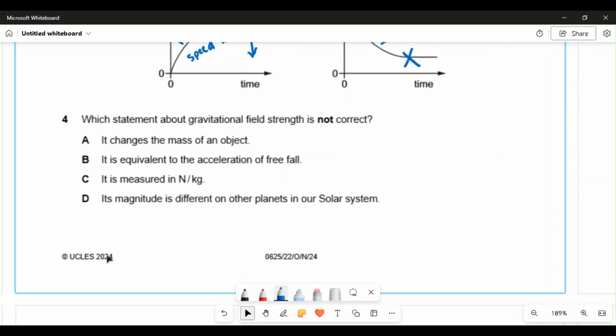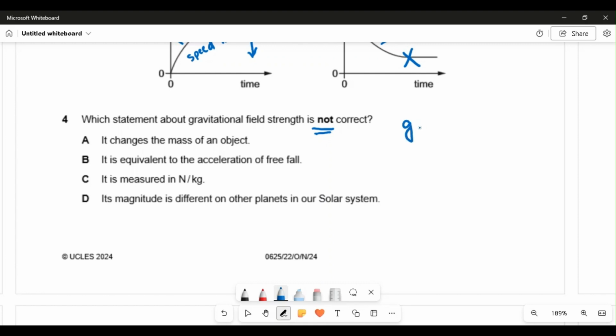Question number 4: which statement about gravitational field strength is not correct? First, we need to say that gravitational field strength is equivalent to gravitational acceleration.